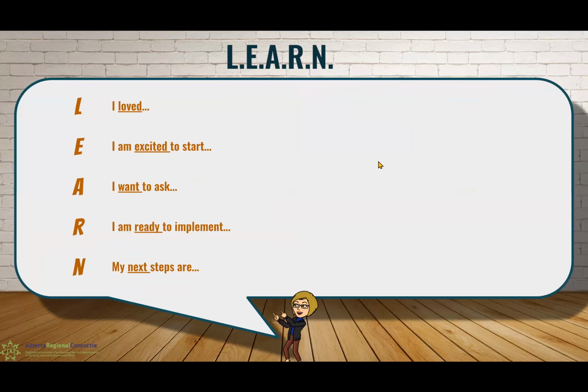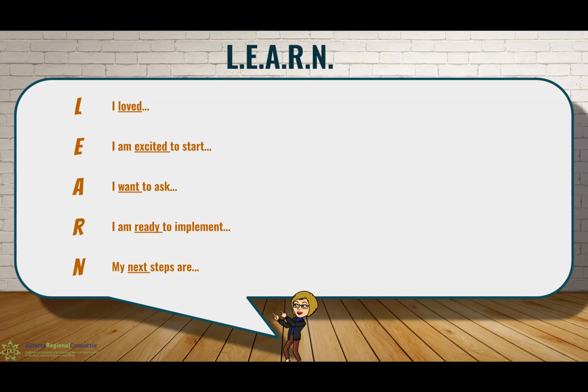All right, so LEARN: L is, what did you love? What did you love in this session? And E is, what am I excited to start? A, oh, I have the wrong word underlined there. I apologize. A is, I want to ask. What would you like to ask? And R, is there something that you think you're ready to implement, like maybe even tomorrow, and move from there?